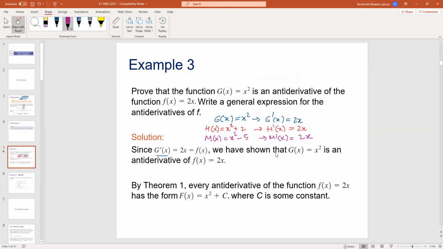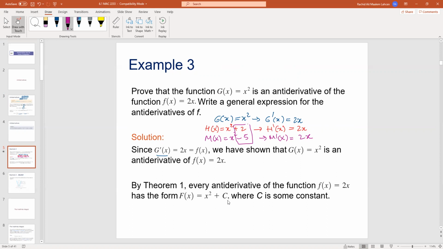It's also going to be 2x. So because there are many forms of this, this is what we're going to represent with that number c, that is a constant. So this x squared plus c means c can be 2, it can be -5, it can be any constant number.